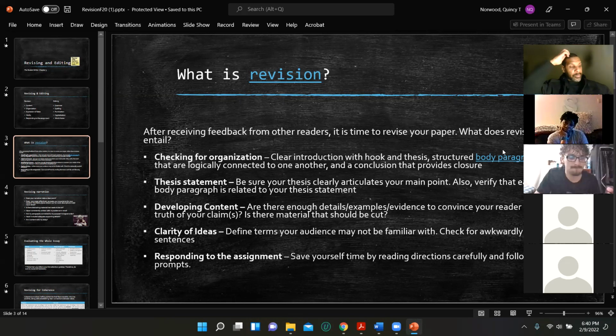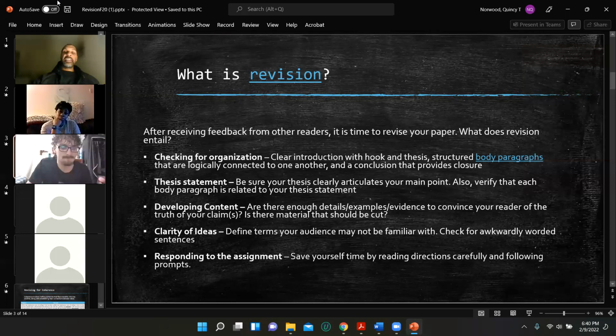And then in the body of your essay, and most of us did this on our first draft, but if you didn't, make sure you do it on your next draft. Make sure your work is broken down into paragraphs.